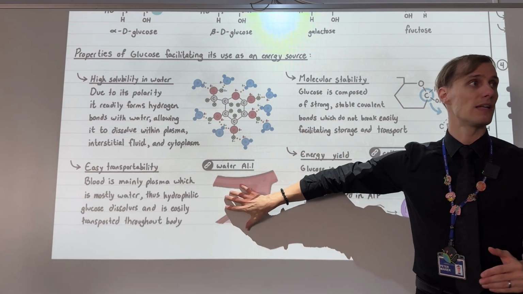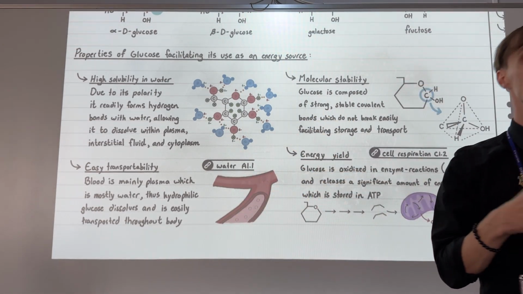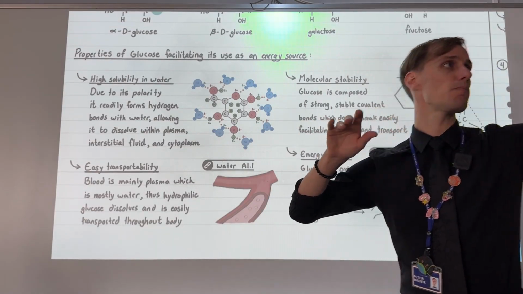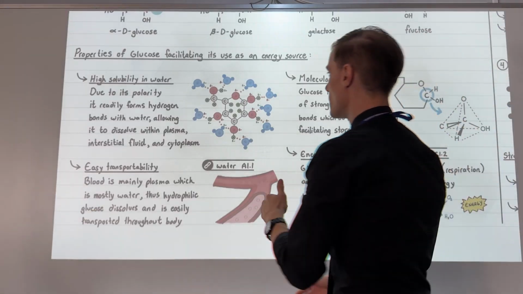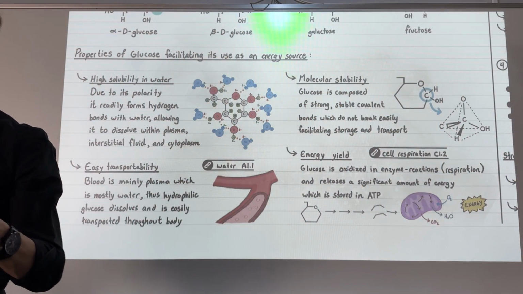But this also means that we can transport it very easily within the blood, because the blood is mainly plasma. So it means I can move glucose from one part of the body to the other part of the body very, very easily.